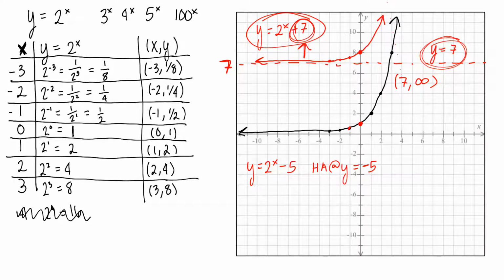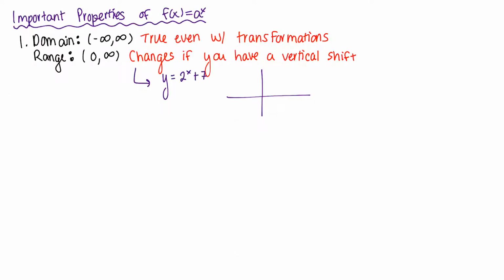If your horizontal asymptote was down here at -5, then you would have the domain -5 to infinity. So here with 2 to the x plus 7, just like we said, you'd have a graph that looked like this, and you would have the domain 7 to infinity.